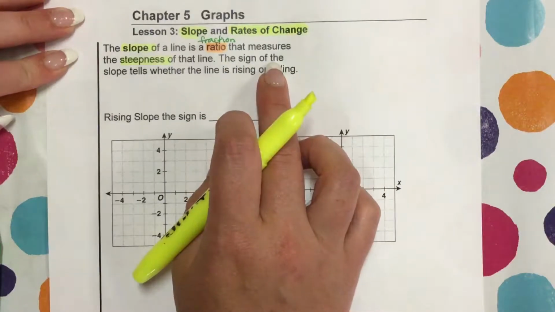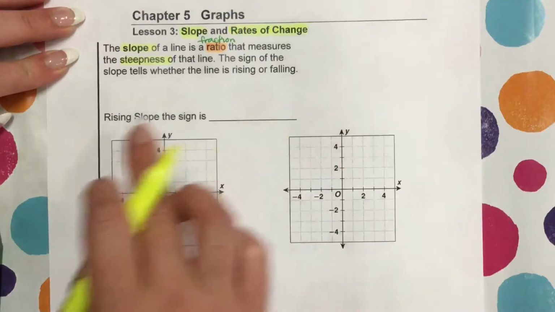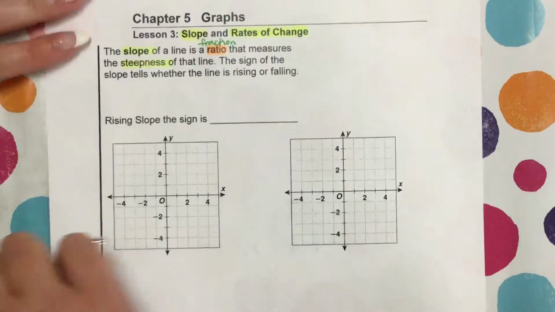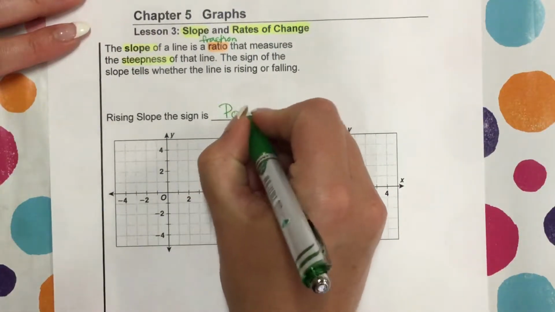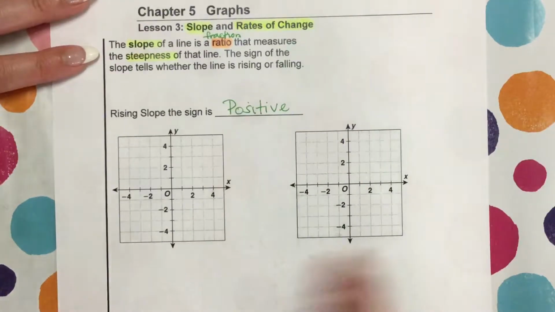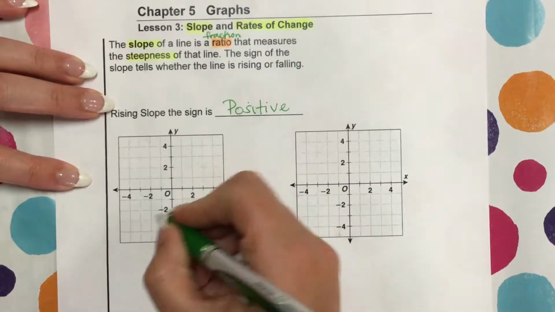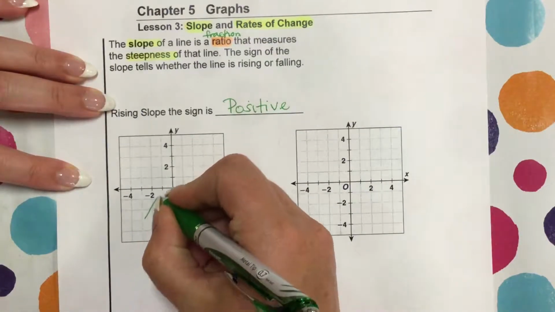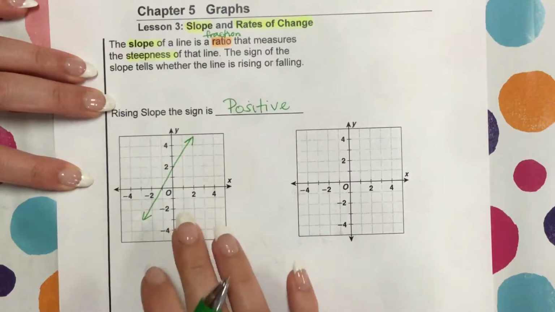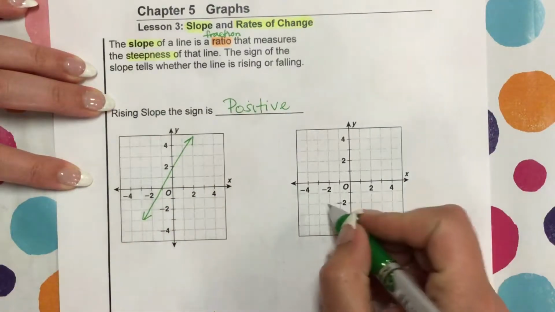The sign of the slope tells whether the line is rising or falling. So for a rising line, the sign of the slope is going to be positive. You can have a really, really steep positive slope that may look something like this. So the slope of this line would be positive. Or you can have something that's not as steep, but it's still rising.